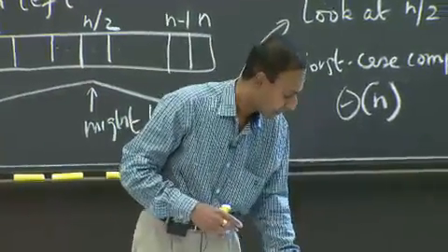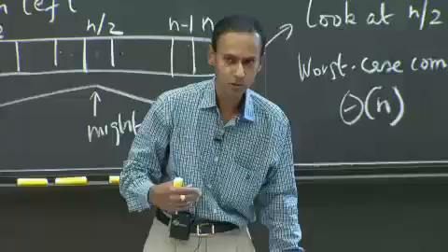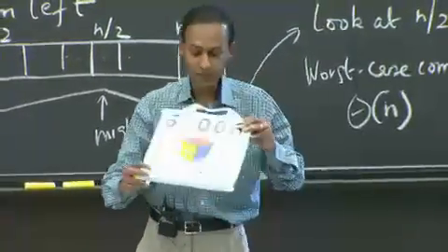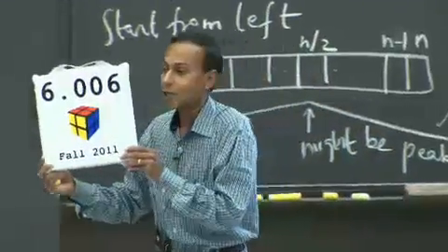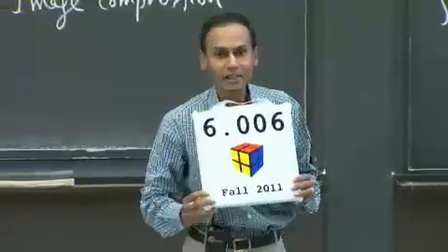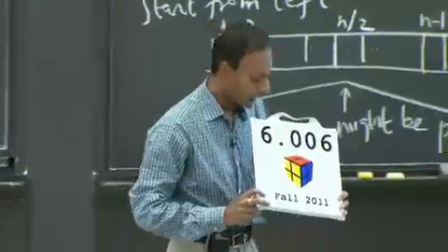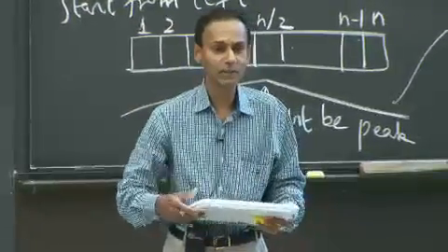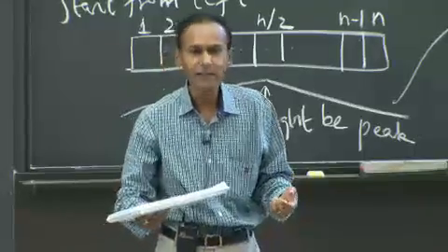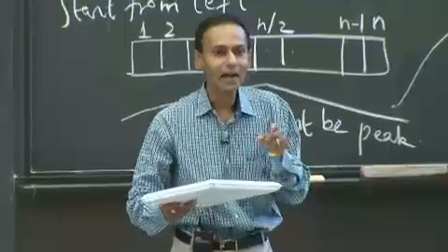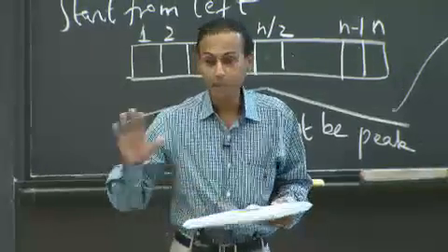So what Eric and I did was we decided we'll help you guys out, especially the ones who are interacting with us. And we have these cushions that are 6006 cushions, and that's a 2x2x2 Rubik's Cube here. And since you answered the first question, you get a cushion. This is kind of like a Frisbee, but not really. So I'm not sure I'm going to get it to you.